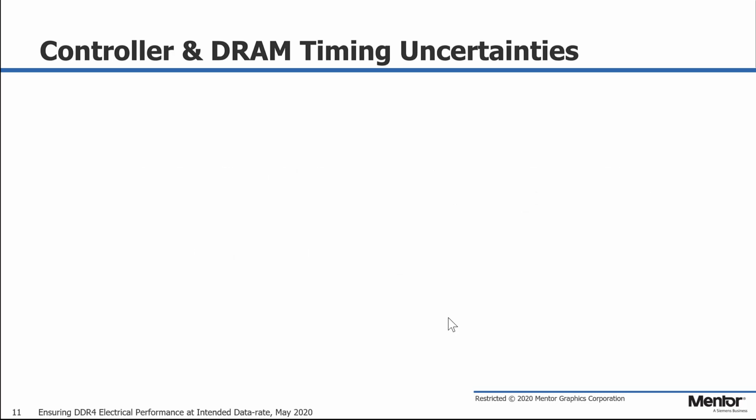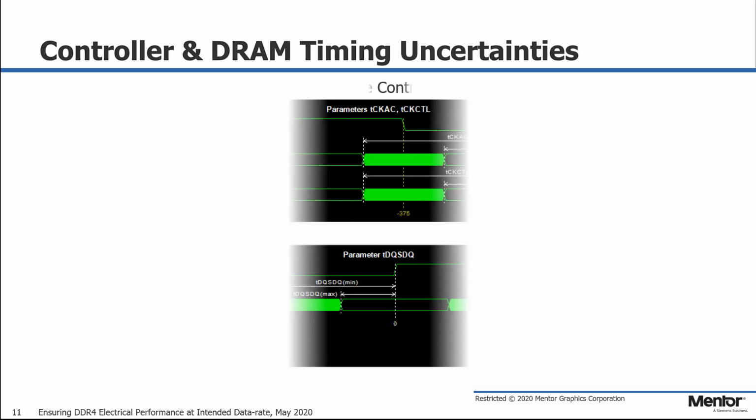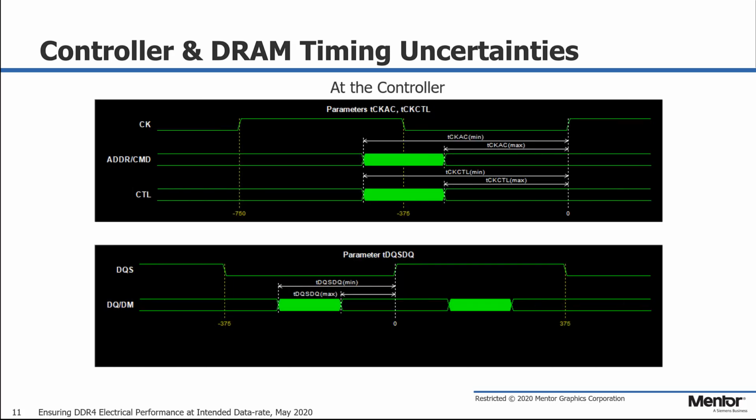Before getting into some details of how margins are calculated on a data signal, I want to explain the device uncertainties. Uncertainties between the signal and its reference signal always exist in both the controller and at the DRAM. Here, the timing relationship at the controller between clock and ADDR/CMD signals is at the top, and between DQS and DQ signals at the bottom.